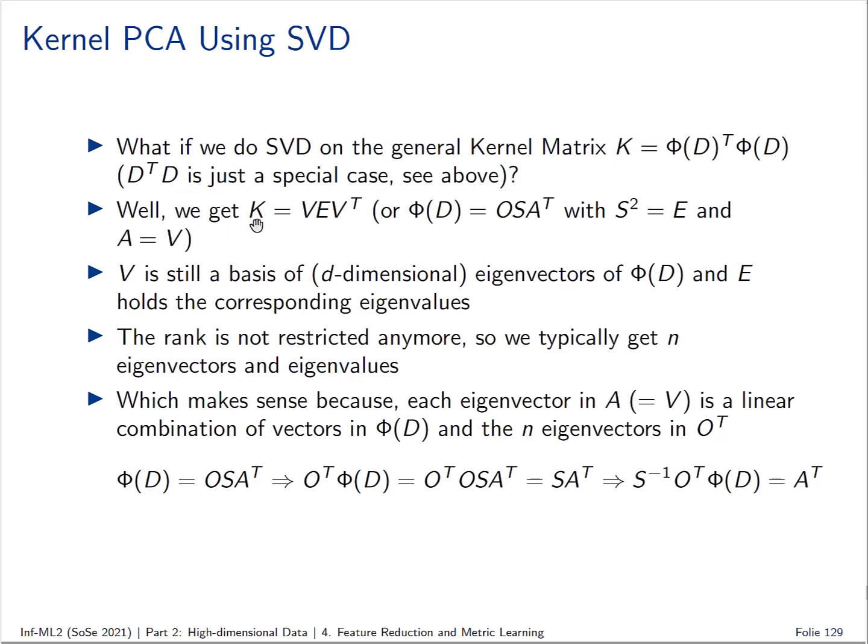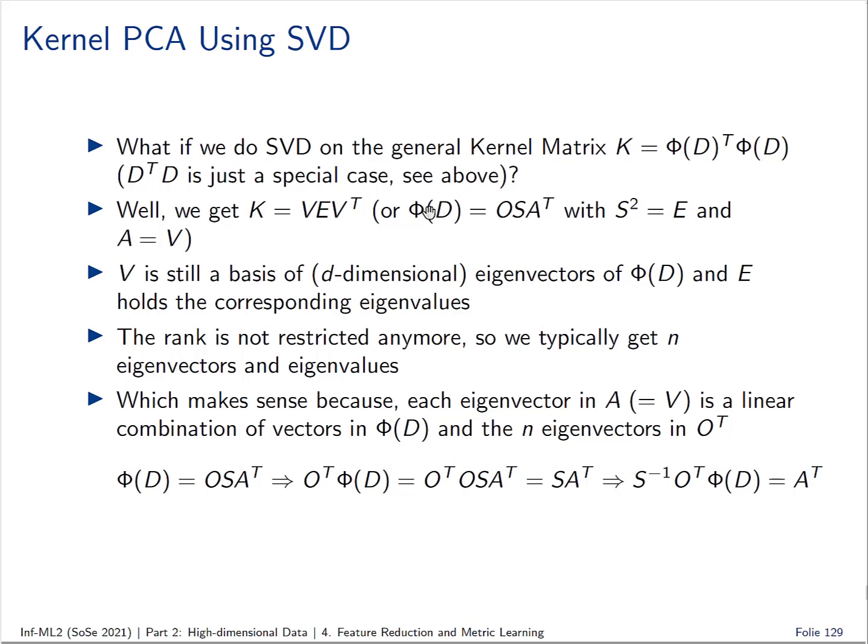So K will be decomposed into these two matrices, V and E, and of course the relationship to the transformed data set after the mapping phi is the same as before.